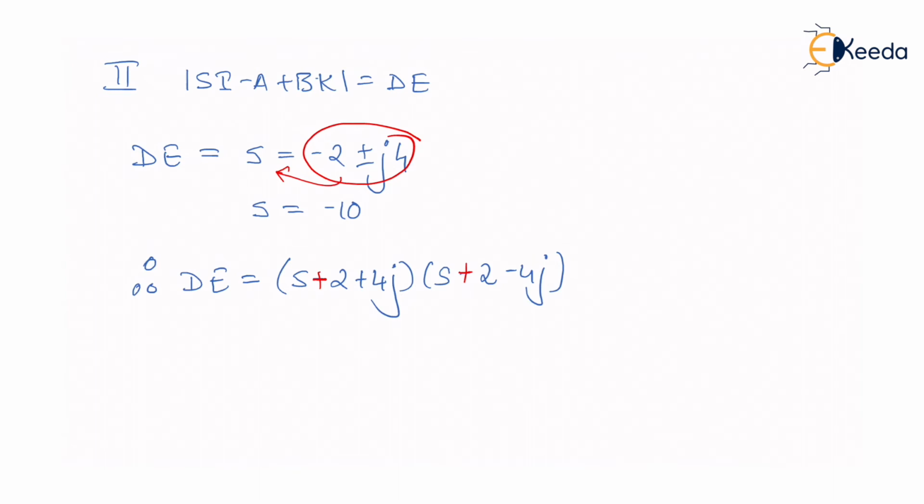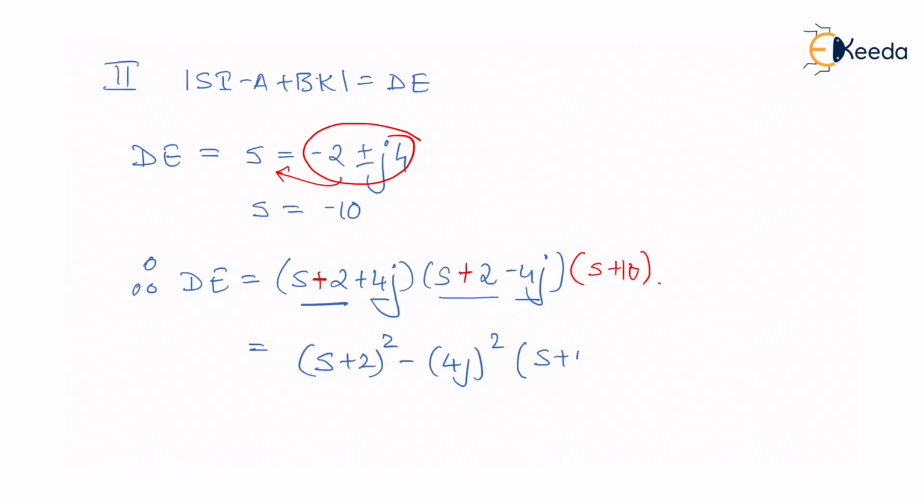Then after that, common with (s + 10). If you expand the terms, (A + B)(A - B) is A square minus B square. So (s + 2) whole square minus (4j) whole square, common with (s + 10).